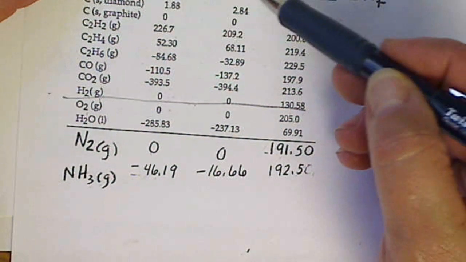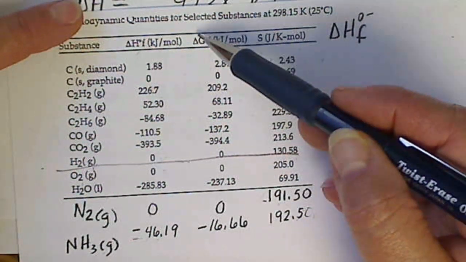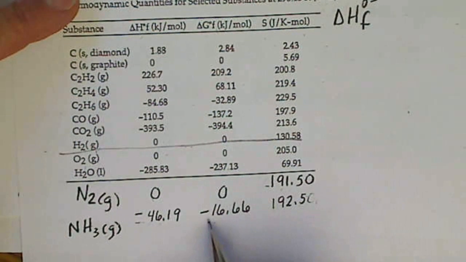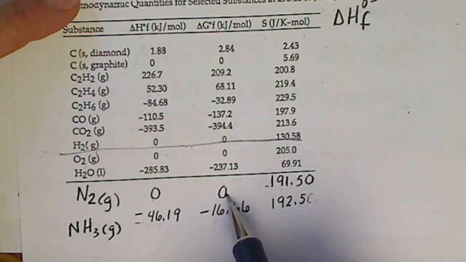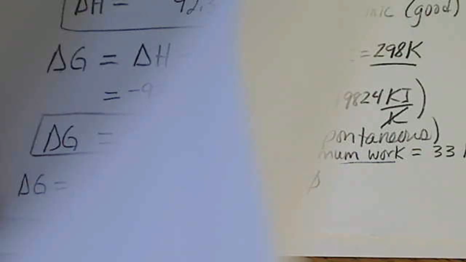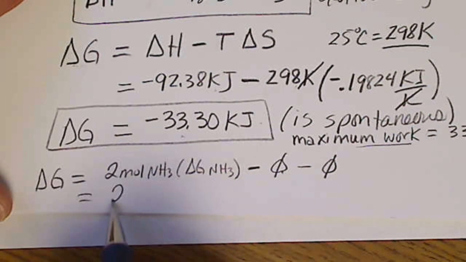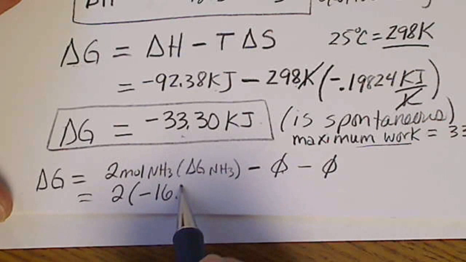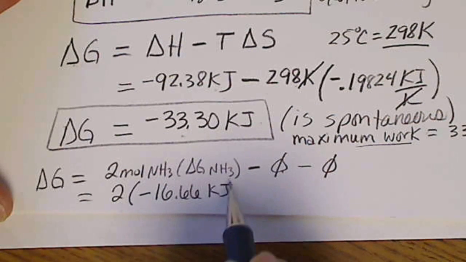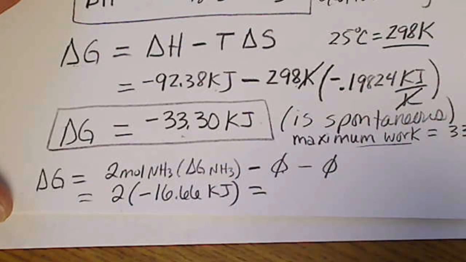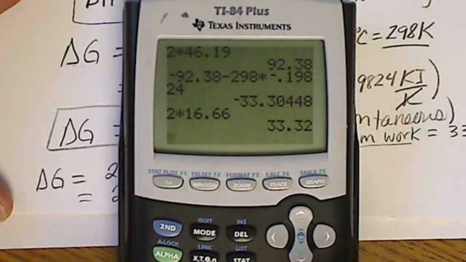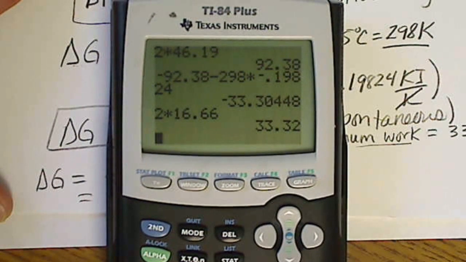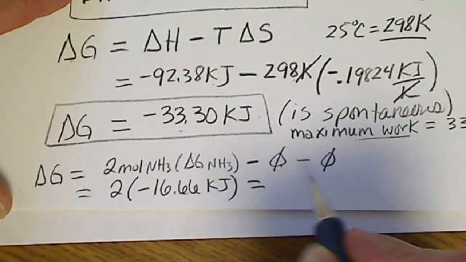They're equal to 0. So I'm going to take this delta G column, which is the middle, and for NH3 it's negative 16.66. Nitrogen has a delta G value of 0, and so does hydrogen. So delta G is going to be 2 times negative 16.66 kilojoules per mole, but that's also a mole. So I end up with just kilojoules. And we get a very close value, 33.32. That sign makes it negative.